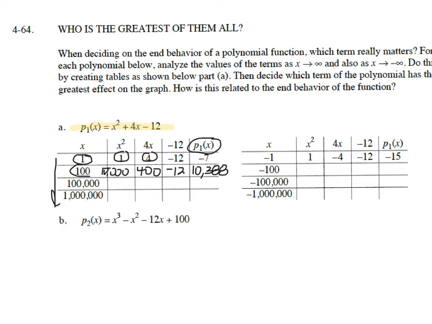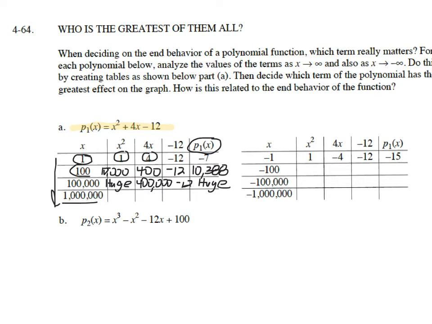Now if I take 100,000 and I square that, I'm going to get a huge number. And 100,000 times 4 is 400,000. The constant's a negative 12. Now if I add all that up, I'm going to get a huge number.